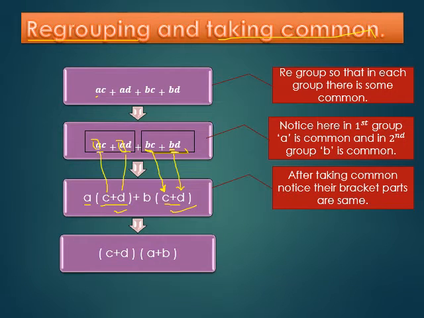After taking the bracket part C plus D common from both terms, from the first term we'll get A, and from the second term we'll get B. Now these are two factors: the first one C plus D and the next one A plus B.